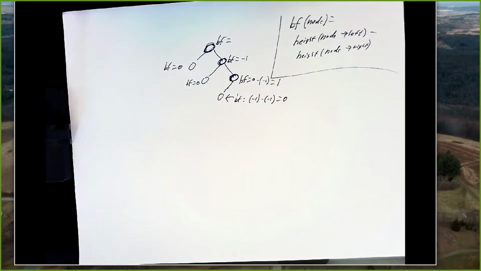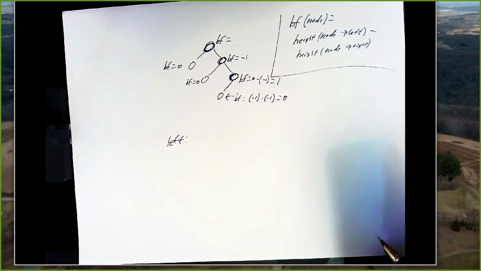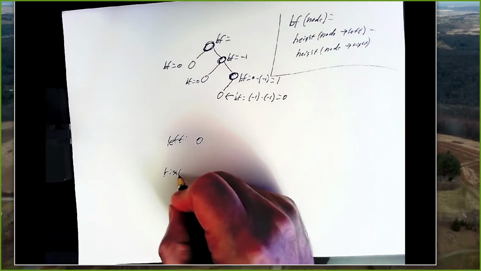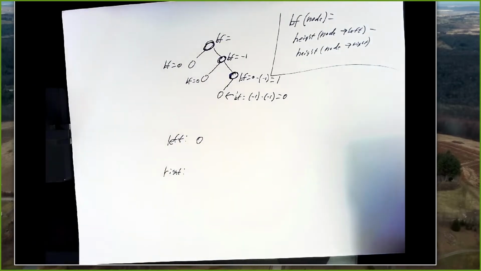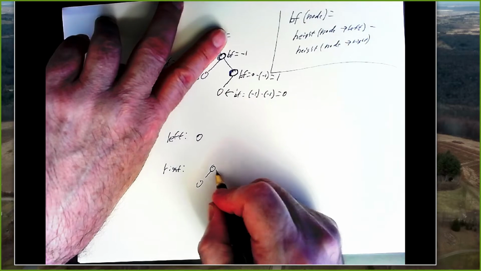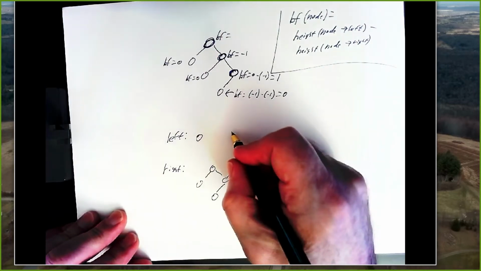Well, what's the left subtree look like? It's a single node. Good. What's the right subtree look like? It's all of this stuff, right? It's hard to describe in words. So the height of a single node is 0.